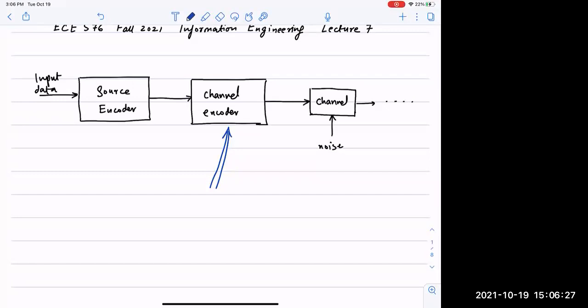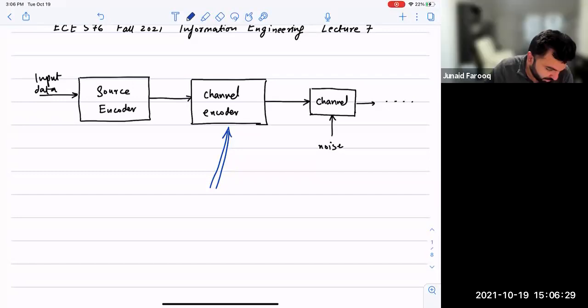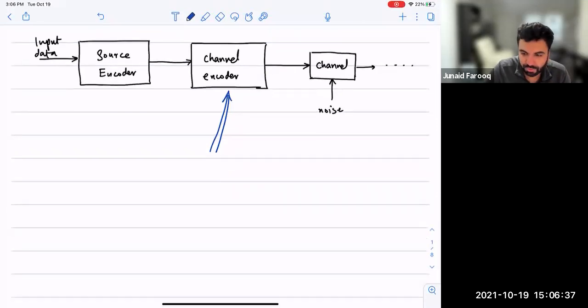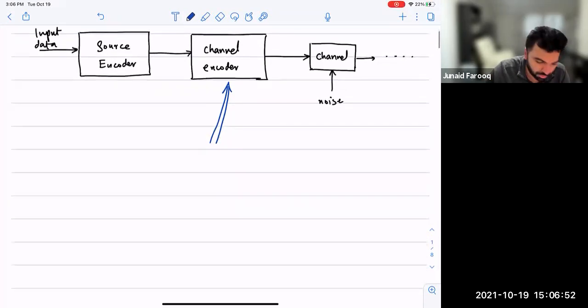No, it's good. Okay, so we've already seen channel encoders. What it does is it tries to make sure that whatever you send over the channel is decodable at the other end. So what you do is basically you add some redundancy that helps you correct errors in the transmission.